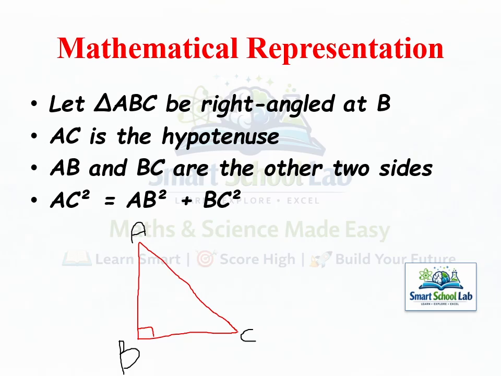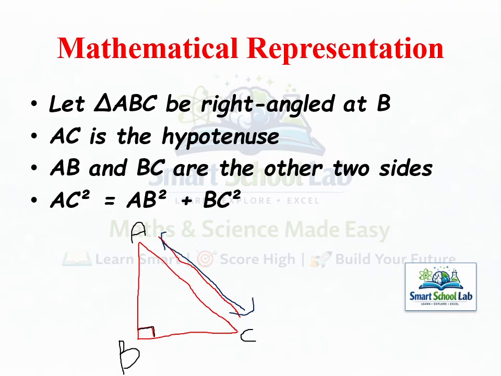So here the triangle ABC is right angled at the angle B. We call this the right angle, here this is 90 degrees, and AC we call the hypotenuse. You can observe from A to C, we call this side the hypotenuse.